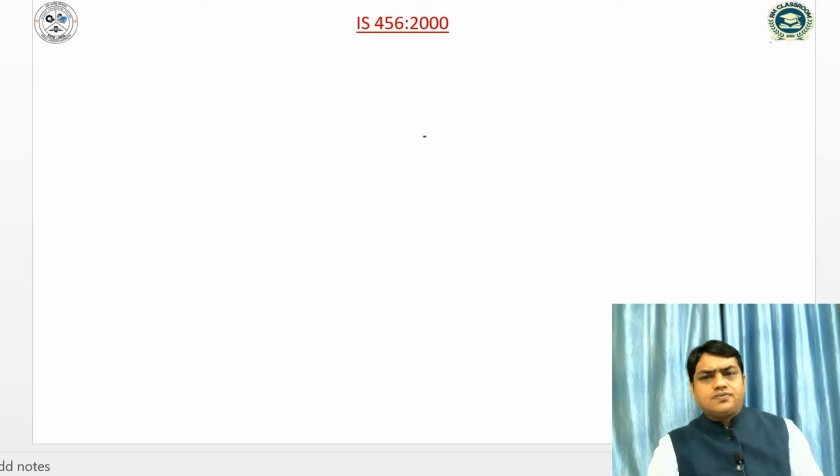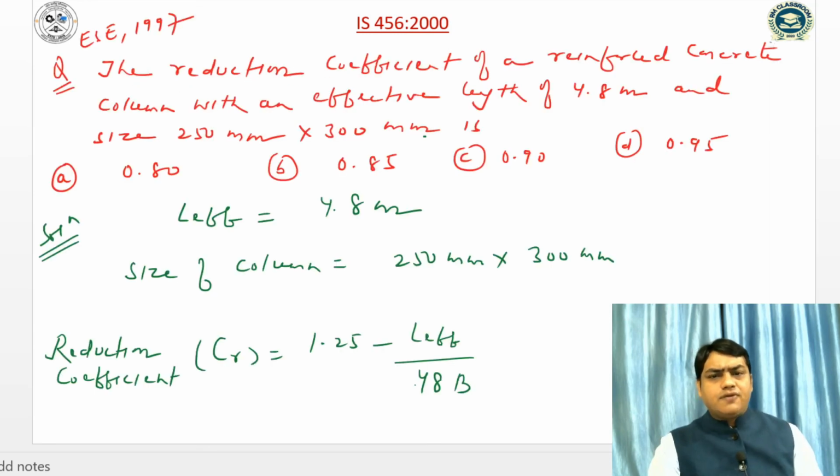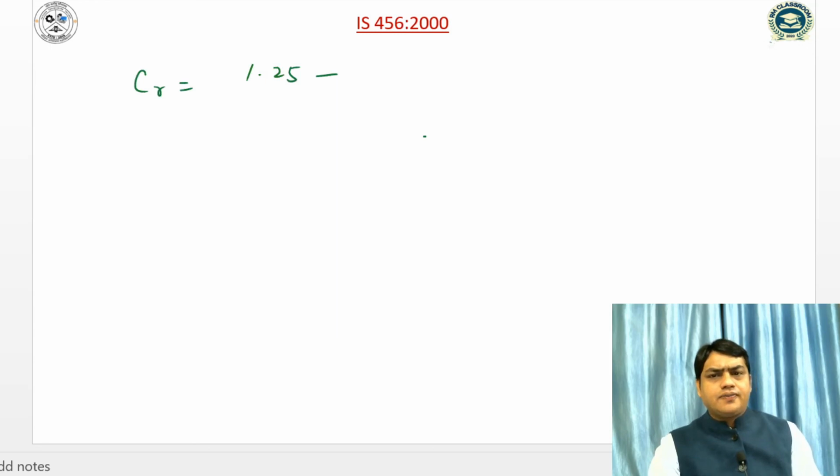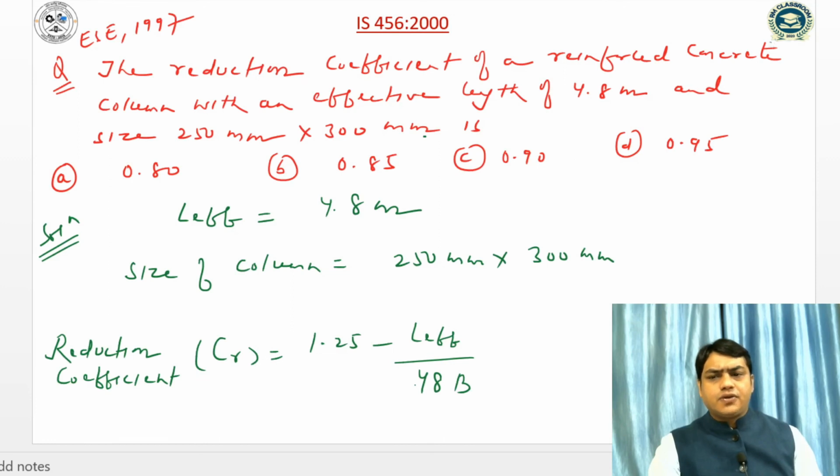So we can write Cr is equal to 1.25 minus L effective. L effective is given, that is 4.8 meter, so 4800, divided by 48 into B. The value of B is 250.